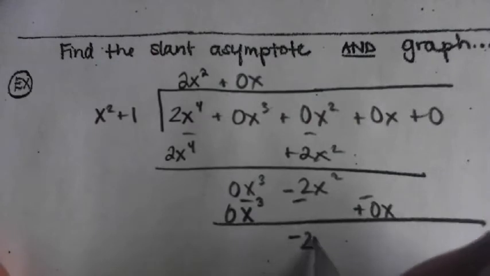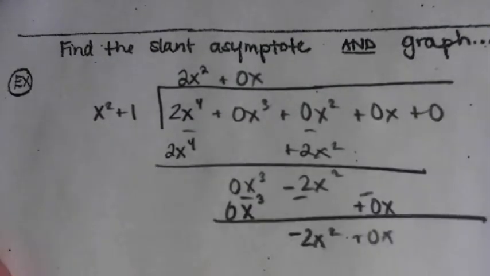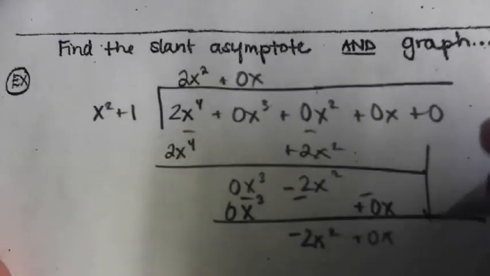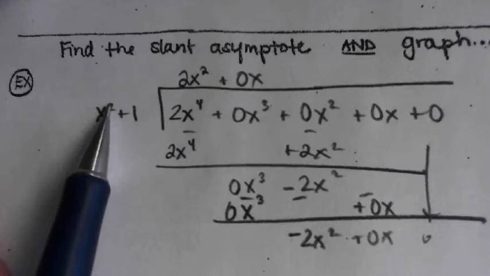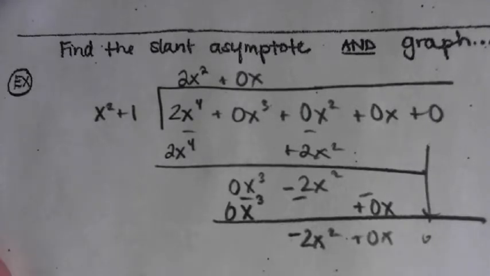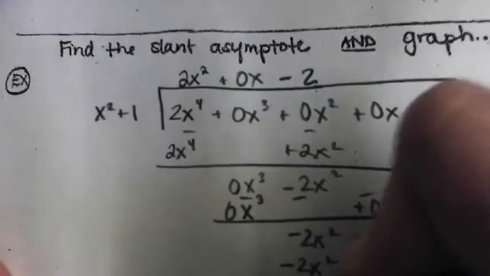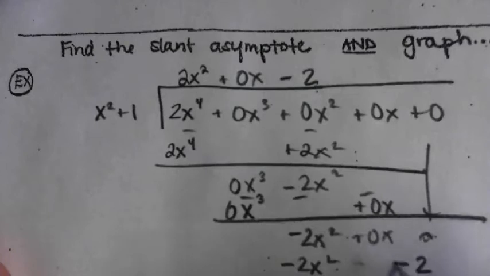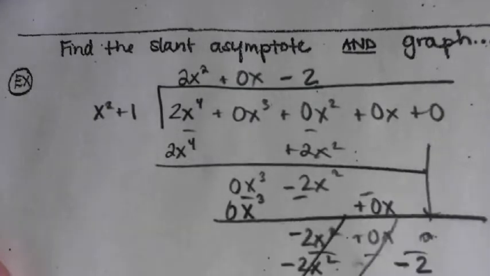I'm going to get negative 2x squared plus 0x. I can bring down my 0 if I want. X squared times what gives me negative 2x squared? That should be a negative 2. Do my subtraction. Gone, gone. 0 minus negative 2 is a remainder of 2.